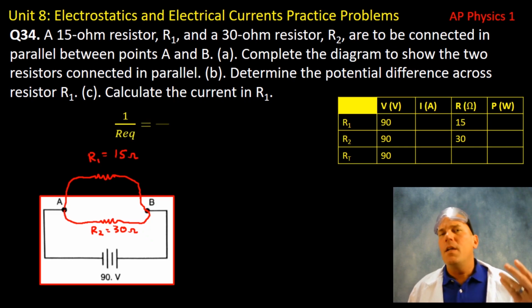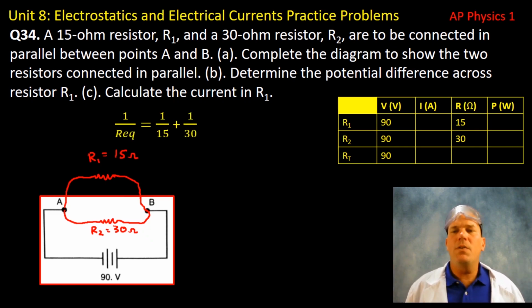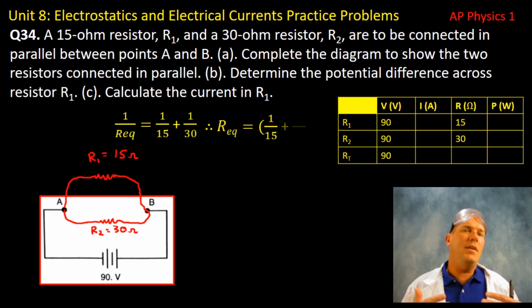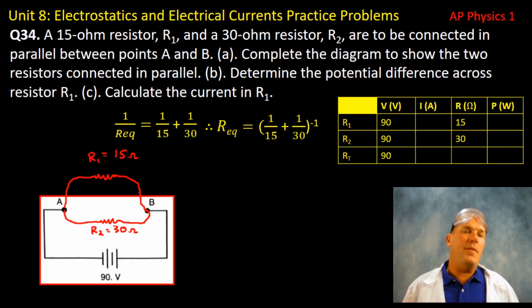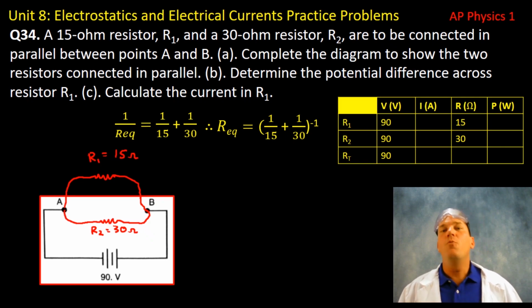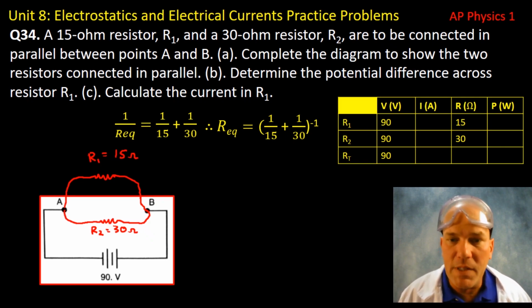All right. Next, we're going to calculate the equivalent resistance. In this case here, we only have these two resistors. So we're going to find the inverse of 15 plus the inverse of 30, and that quantity will take the inverse to find the equivalent resistance, which is the total resistance.